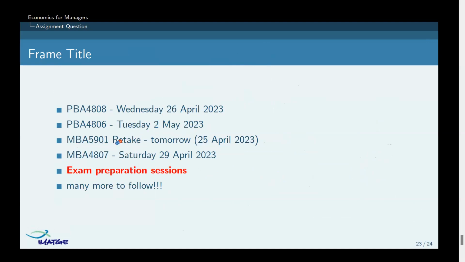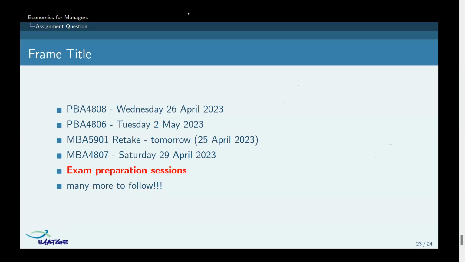This is a retake because of the glitches that the class had previously. And then 4007 will be on a Saturday in April. Exam preparation sessions are quite important, and that's why I highlighted them, because we want to demonstrate from previous papers how you can approach the questions. But there's more to come, so keep on checking statuses, keep on checking WhatsApp groups, keep on getting updated.